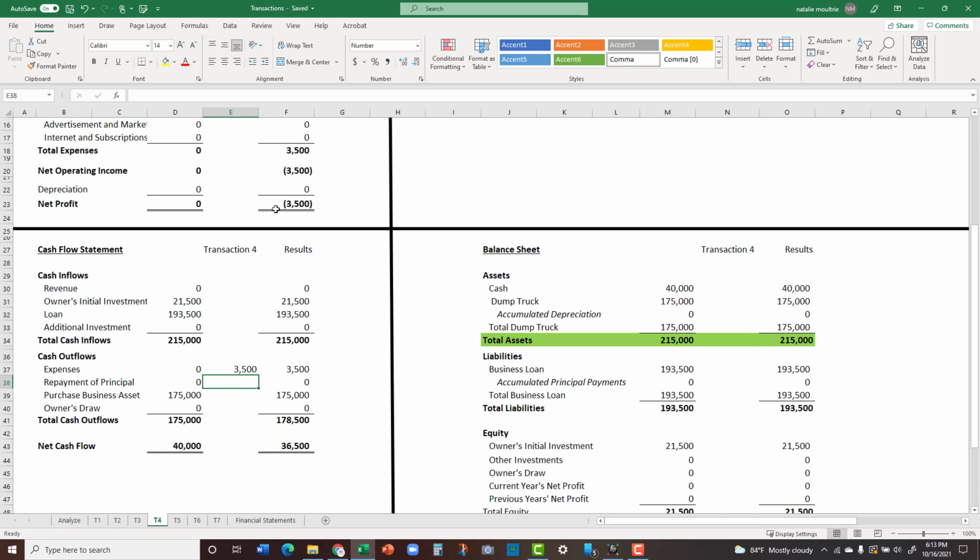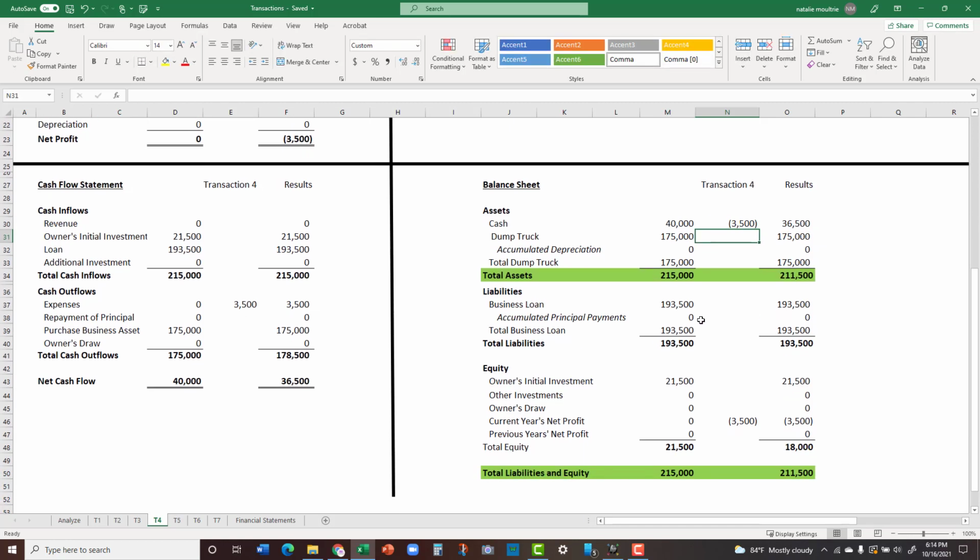It decreased on our profit and loss statement, so we're going to have a decrease in our equity in our profit and loss for the current year. This also decreased our cash as well, as we've already stated. Okay, so we still have our assets equal to our liabilities and our equity.